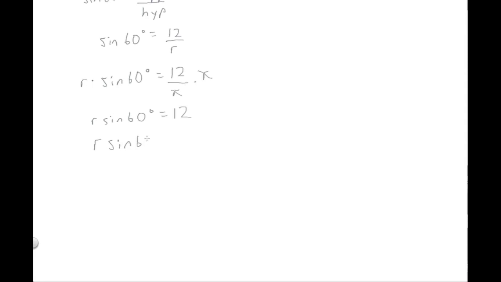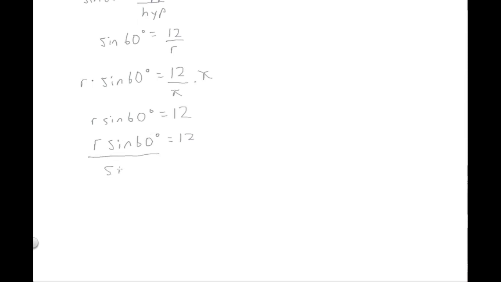Oh, I misspoke, didn't I? What I meant to say is that I didn't get the r by itself yet. I meant to say that I got the r out of the denominator. We accomplished what we wanted with this step. We got the r out of the denominator, but we have not gotten the r by itself yet. Now we need to get the r away from the sine 60 term. Well, you probably know how to do that.